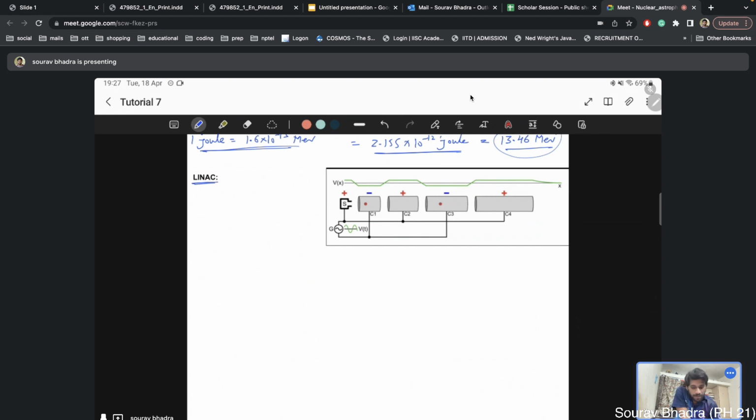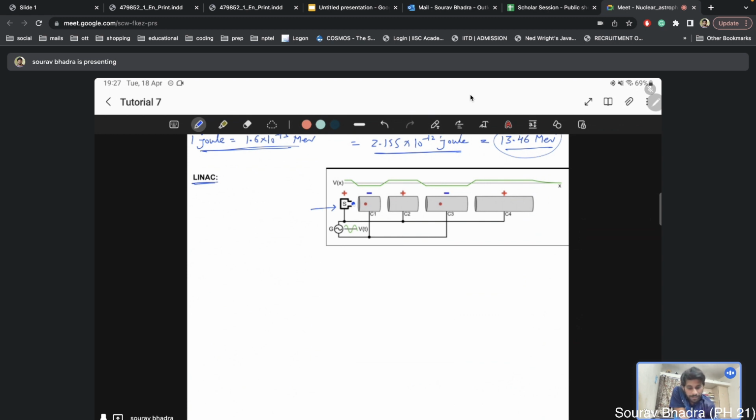Suppose S is the source, emitting a positive charge, and there are different cylinder-like structures connected with an alternating voltage. One is kept negative, alternatingly the other will be positive, then negative, positive, negative, in this way.